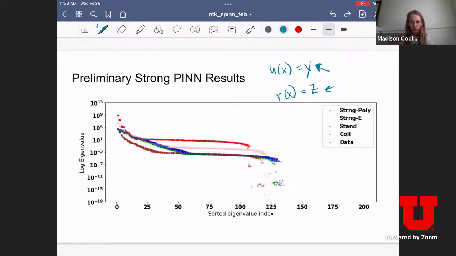But you can compare the shape. But it looks like shape is also better. The pink one, we can view that most of the eigenvalues are smaller than the strong polynomial. We expect that it converges slower than strong polynomial.